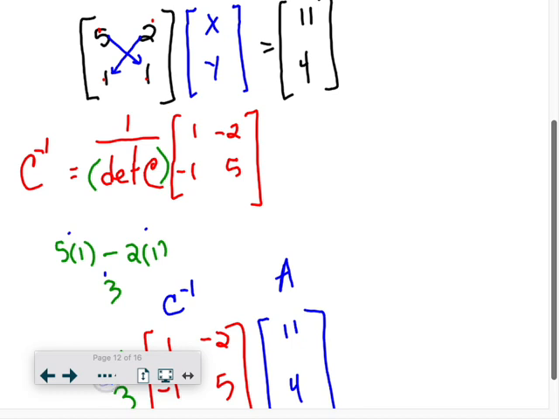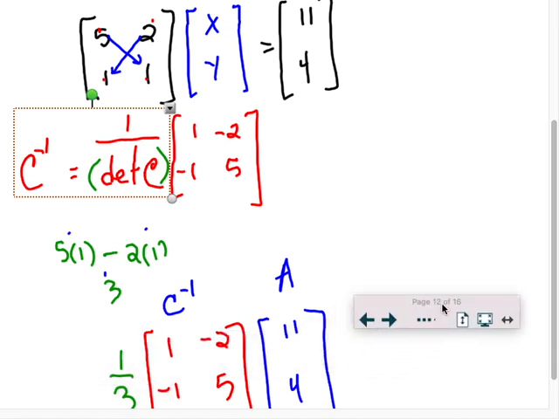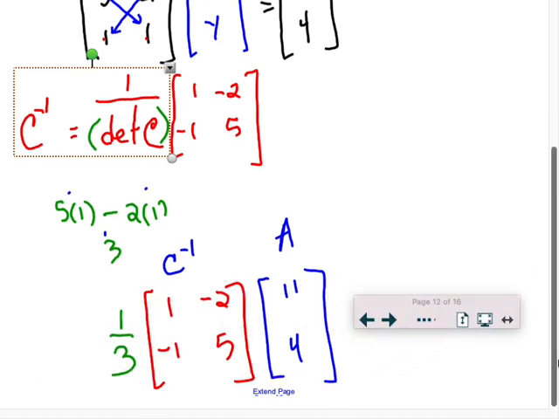So now this section right here, 1 over the determinant of C, is going to be 1/3, right? So now we're dealing with 1/3 times the matrix 1, -2, -1, 5 times the constant matrix A here, right?